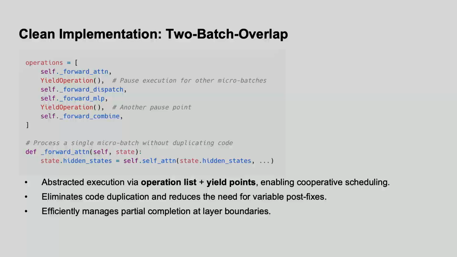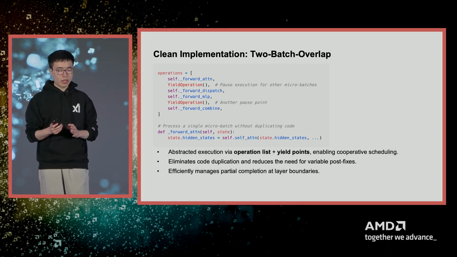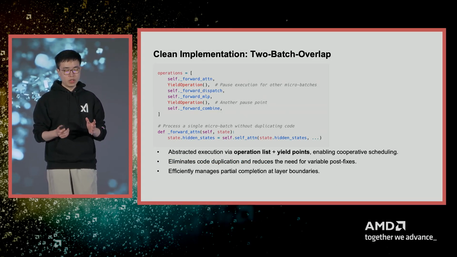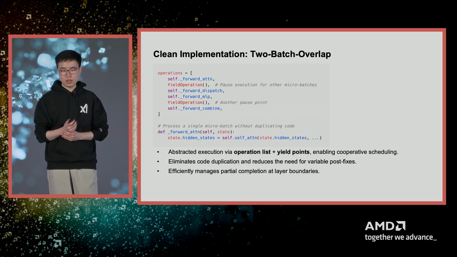By providing this nice abstraction, you can easily tune the 2-batch overlap strategy for different hardware, different cluster sizes, and different models and workloads. Yeah, it is very flexible. Actually, we use this strategy for DeepSeek and Qwen, and we tune it for different clusters.